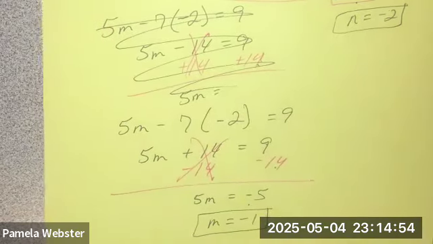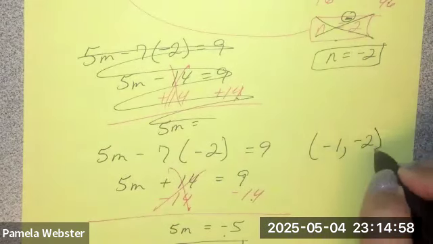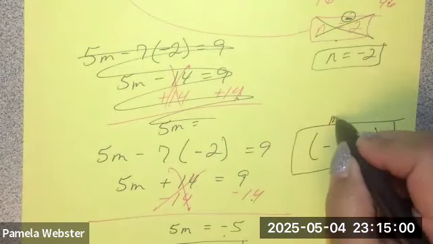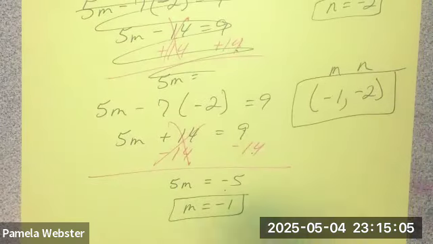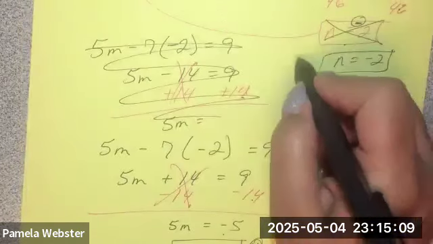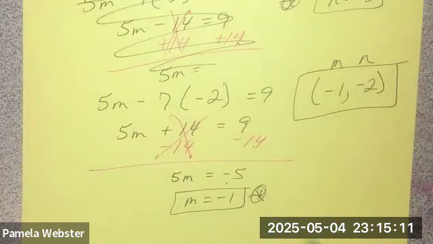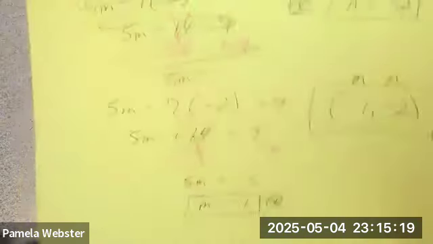So m equals negative 1. Remember that these go in alphabetical order. It's m before n. So I've got negative 1 comma negative 2. Or you can just say, here's my m, here's my n. A lot of you did that. I think on a test, sometimes people were like, oh, I don't know which one goes first, so they didn't want to mess with it.